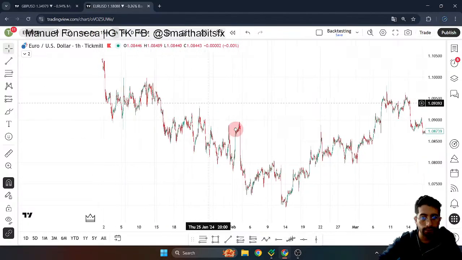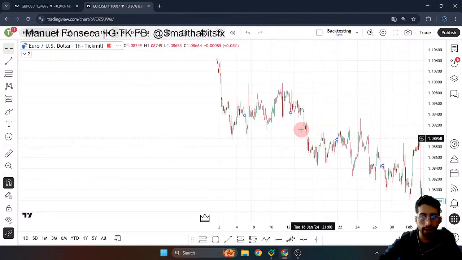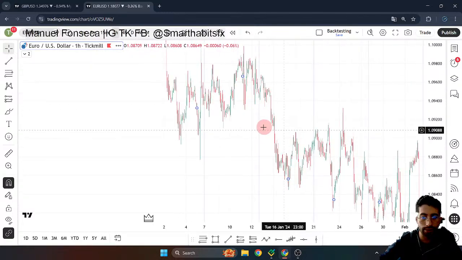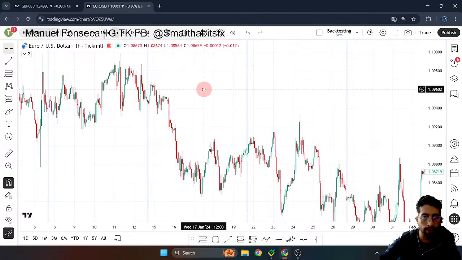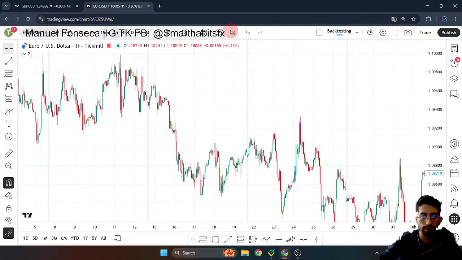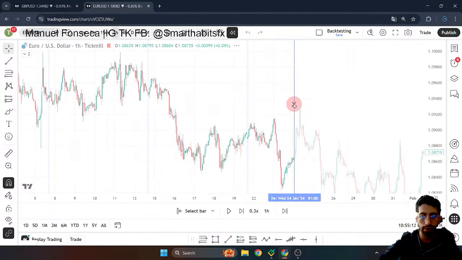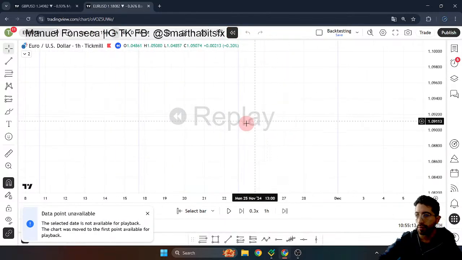Never mind, honestly. Let's do the exercise from this point upwards. I'm gonna work with this evident range right here. And from this point downwards, I'm just gonna put the retracement here. Perfect.